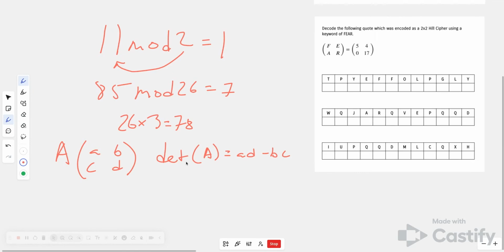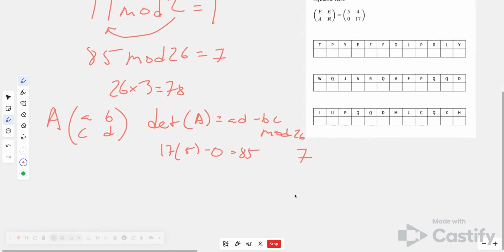That gives you a numerical value, and then you have to do mod 26 to get a number between 0 and 25. For this example, the determinant would be 17 times 5 minus 0, which is 85, and then mod 26 is 7. So that's going to be your determinant here.